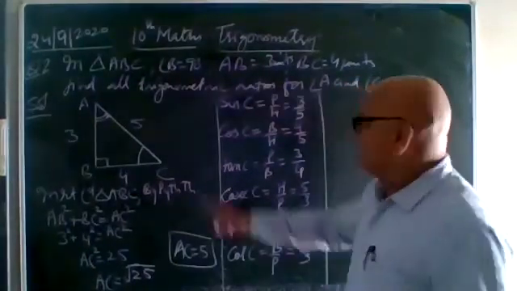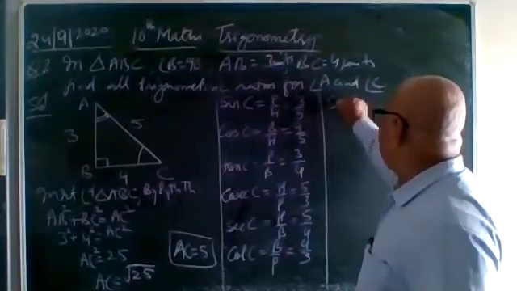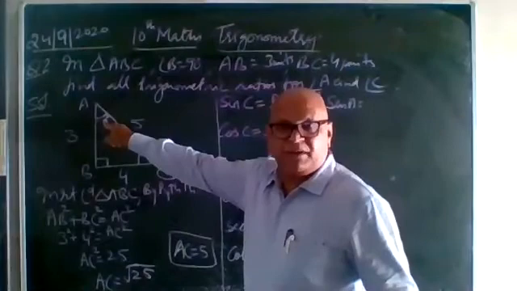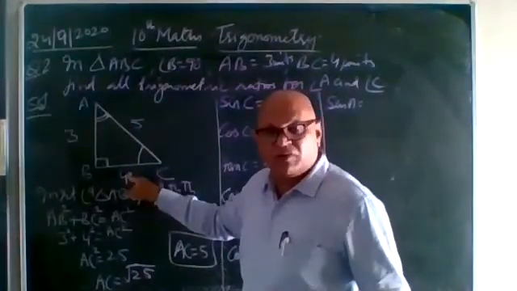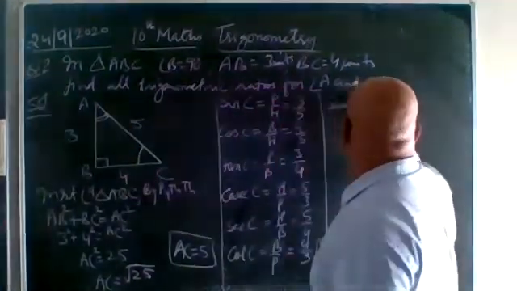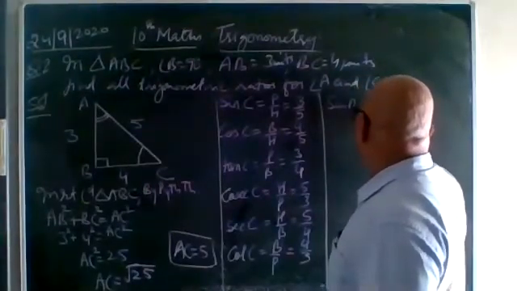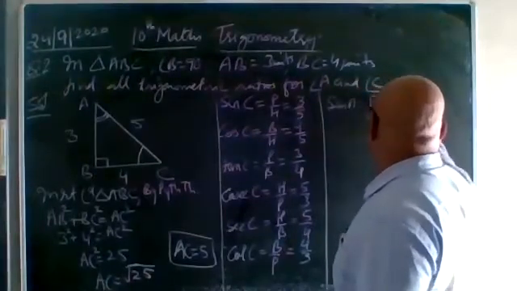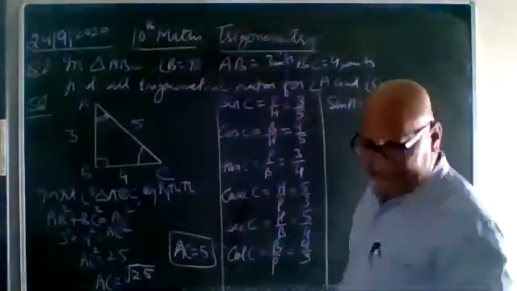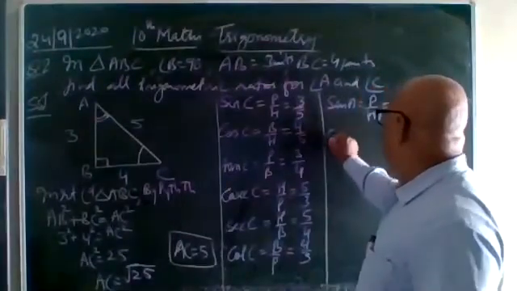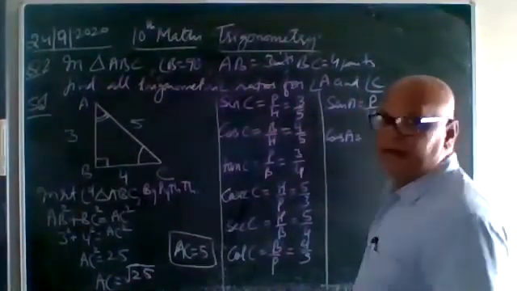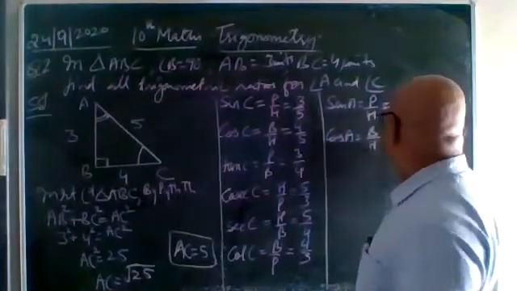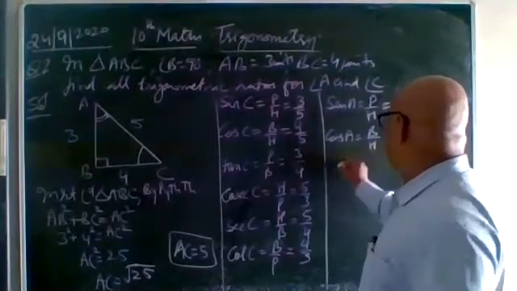Again now for A, you will say sine A. Now when we are considering this angle, perpendicular is 4, so sine A is perpendicular upon hypotenuse, that is 4 upon 5. Cos A is base upon hypotenuse, that is 3 upon 5.